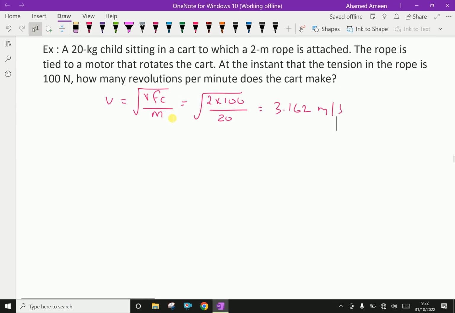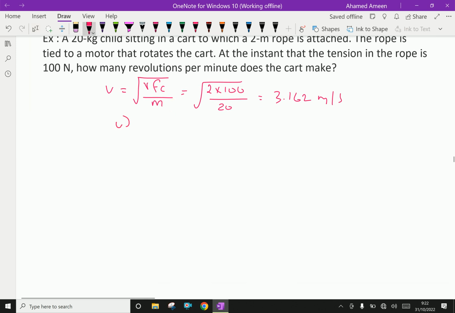We know that omega equals V by R. So velocity 3.162 over radius 2 meter equals 2.236 revolution per second.